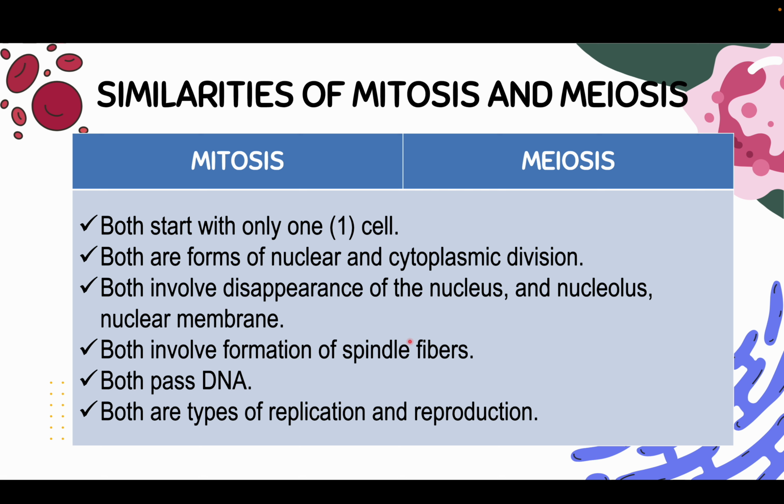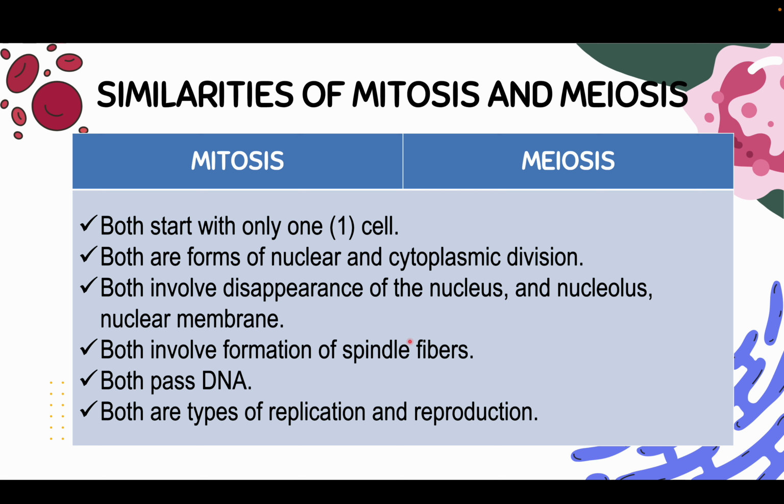Then some similarities. Both processes start with one cell. Both undergo nuclear and cytoplasmic division. Both involve disappearance of the nucleus and the nucleolus, as well as disintegration of the nuclear membrane and its reformation later on.